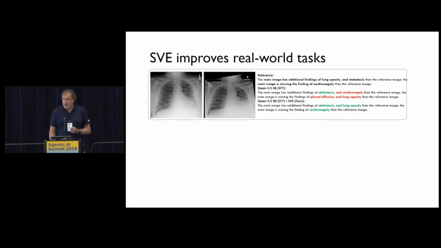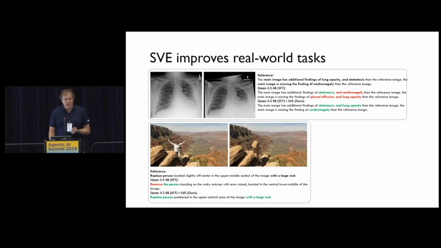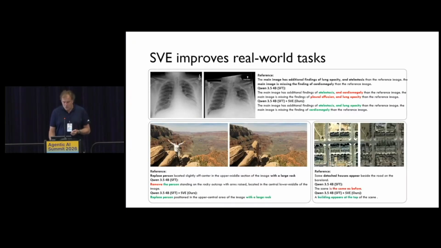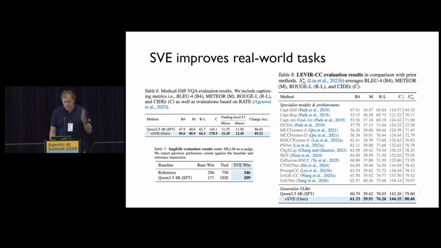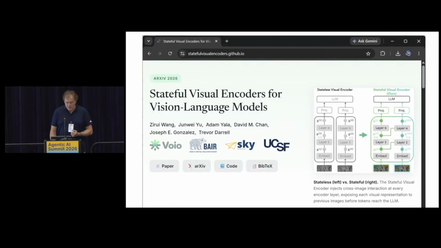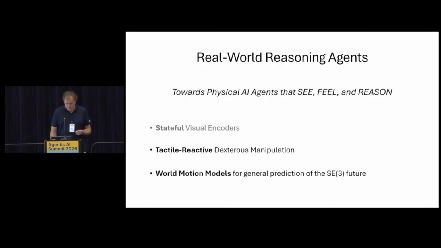It has significant improvement in a variety of real-world tasks, like medical image report generation, image editing control, or geospatial image change detection. And we have lots of result tables, as you would expect, on our wonderful project page and paper. Please check it out if you're interested in stateful visual encoders.